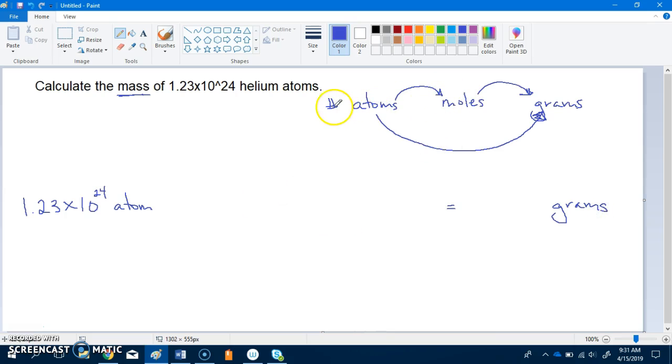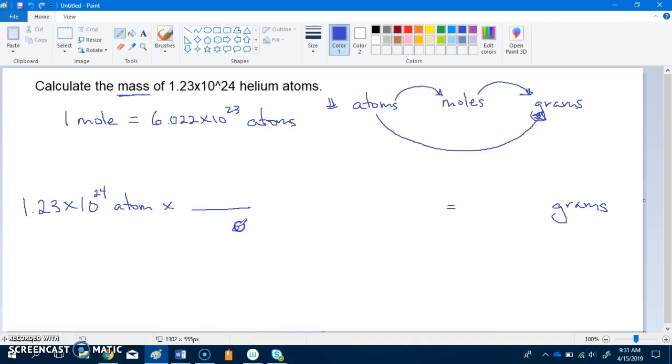So looking at this, the first thing I have to do is convert atoms to moles, and I know that 1 mole of helium is equal to 6.022 times 10 to the 23 atoms. So that's the first conversion I'm going to use, atoms to mole. So I'm going to multiply by that conversion factor.